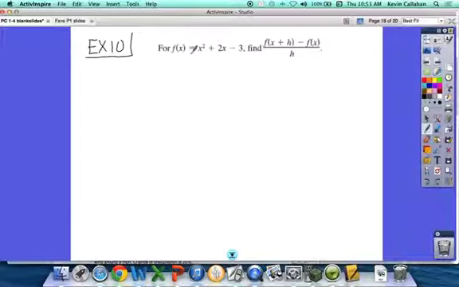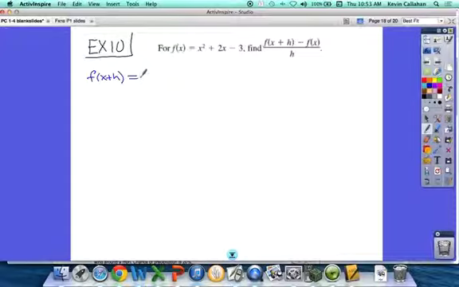Here's the function, f of x is x squared plus 2x minus 3. So in order to find the difference quotient, the first thing I need to find is f of x plus h. How will I find f of x plus h?